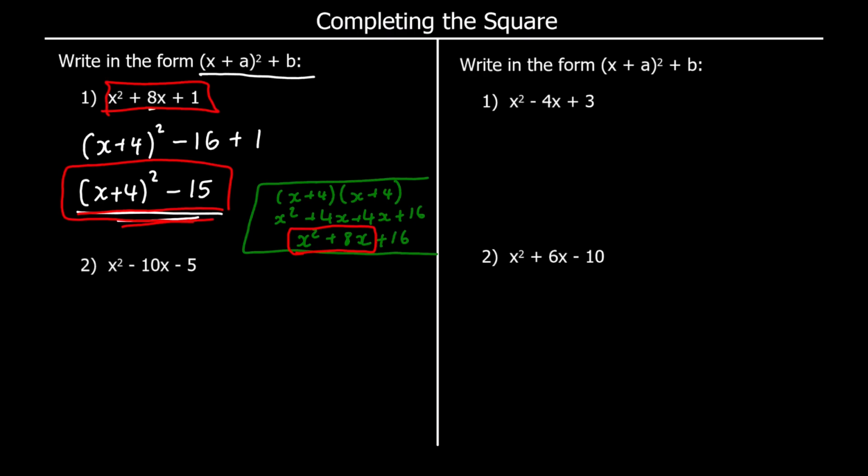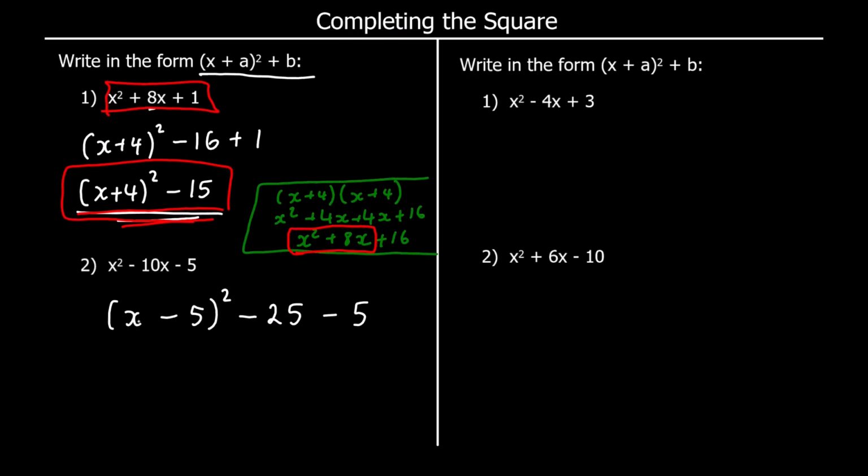The second one, so half the b number, it's negative 10. Half of negative 10 is negative 5. That's going to be x minus 5 squared. Then I'm going to take away negative 5 squared. Negative 5 squared is positive 25. So take away 25 and take away the 5 as well.